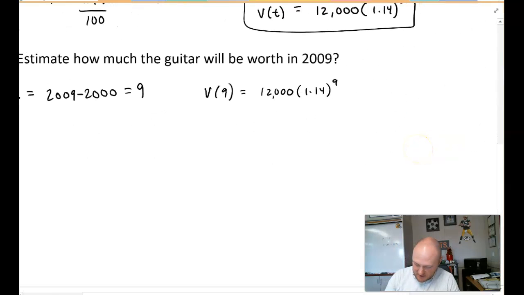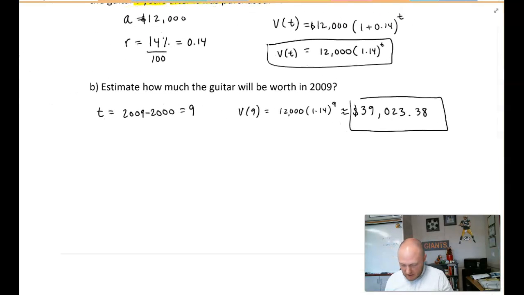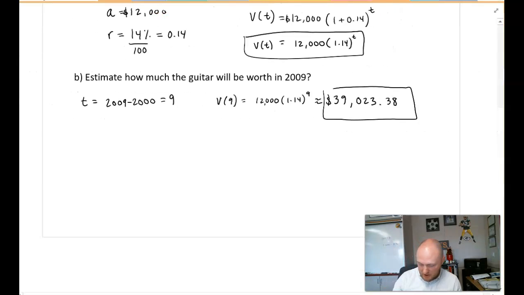Okay, so this is approximately $39,023.38. Man, in essentially 10 years, that's a good investment, I would say. Okay, this is a word problem, so we do want to respond in a sentence.